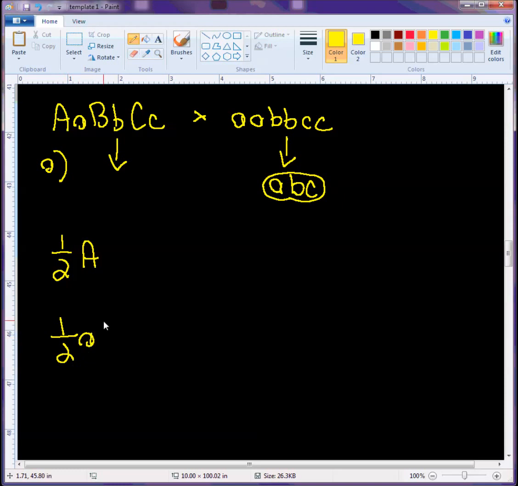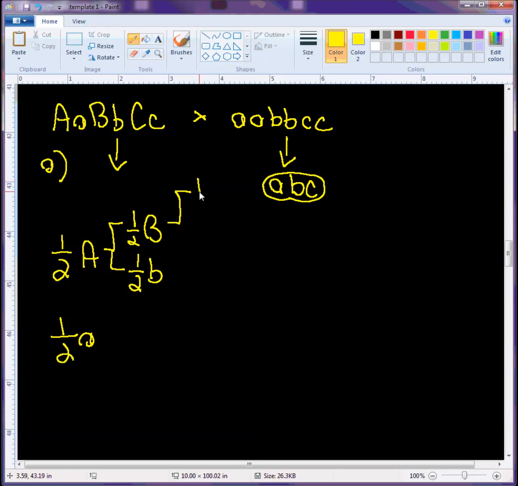So we're getting back to the first section of the course, where we talked about independent assortment and using the fork line method to figure out all the different possibilities of genotypes in the gametes when all the genes or alleles of genes assort independently of one another. So of those A's, 1/2 can be big B, 1/2 can be little b.